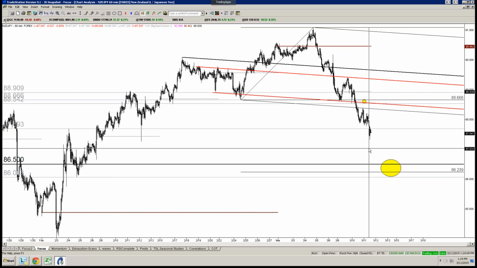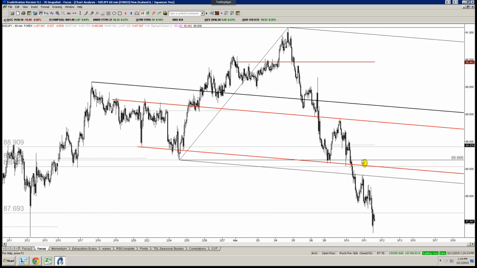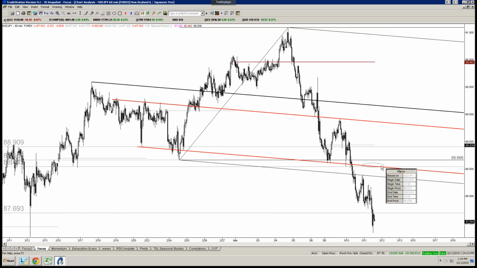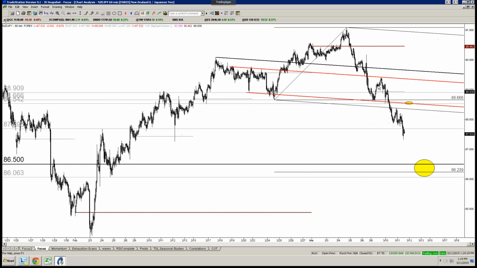Maybe Wheeler throws us a bone and you get a rip up back into this level, okay? And if we do, really the same level is probably resistance. I mean, 88.55, 65, right?